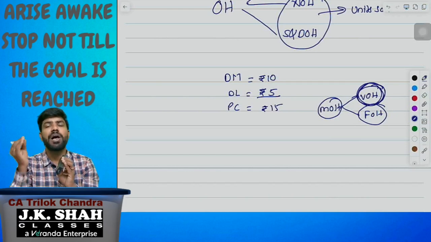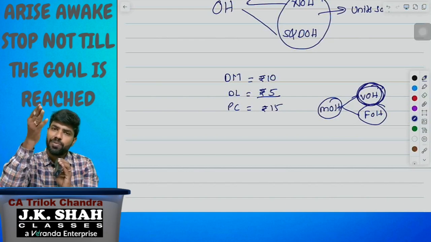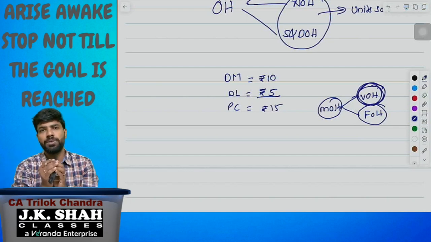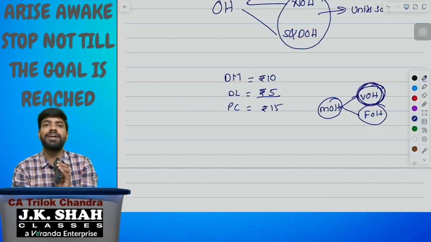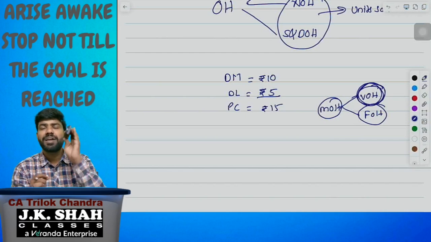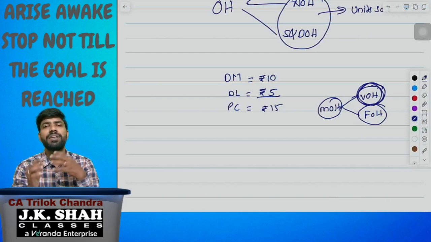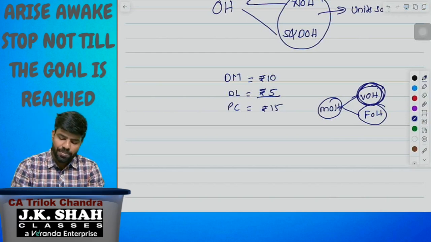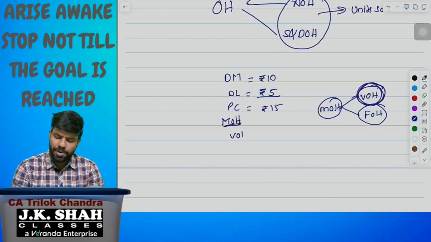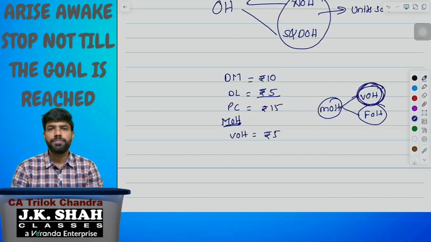Sometimes depreciation is also accounted based on production. Then depreciation is also one of the variable overheads. Whatever overhead is incurred based on production, we are going to call it variable overheads. So let me take an example. Manufacturing overheads, under that variable overheads equal 5 rupees.